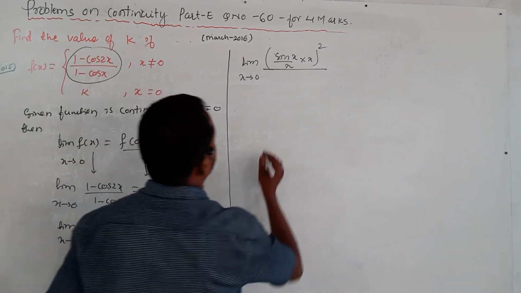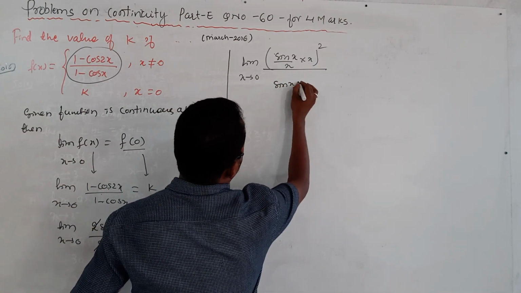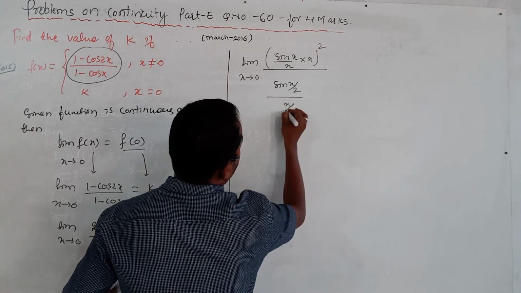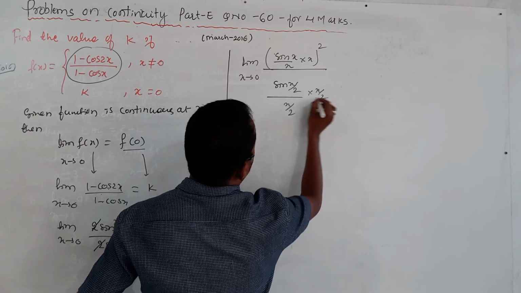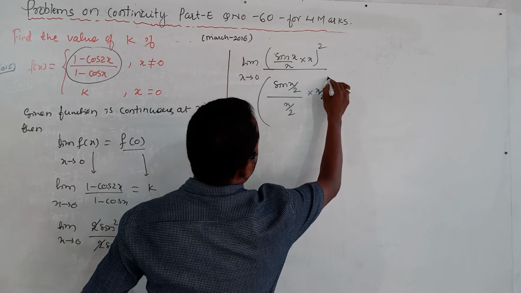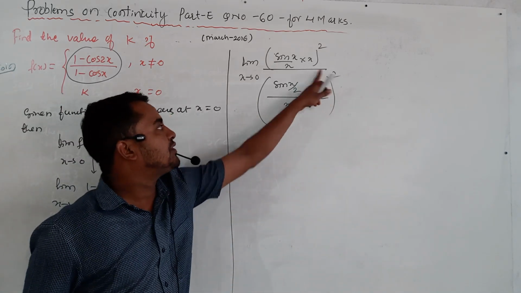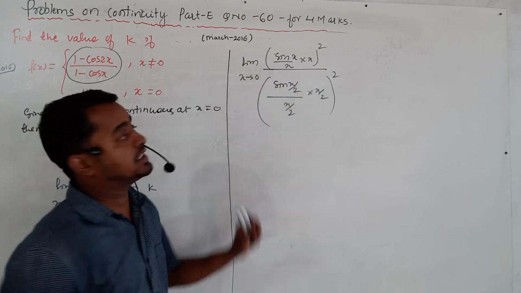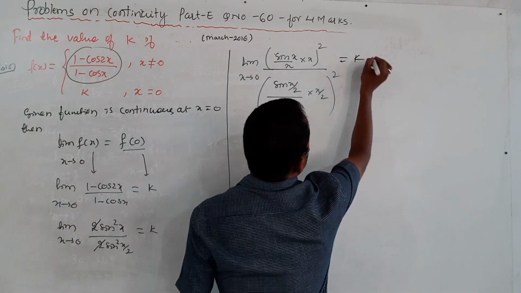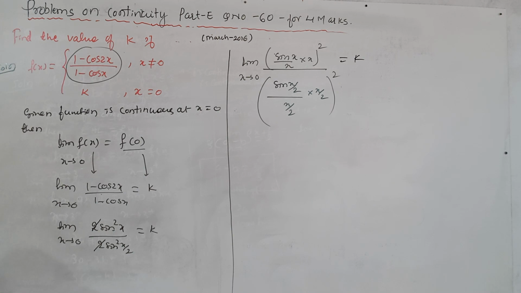sin square x by 2 is nothing but (sin x by 2 divided by x by 2, into x by 2) whole square. See here, x by 2 gets cancelled, again you will get sin square x by 2, is equal to k.